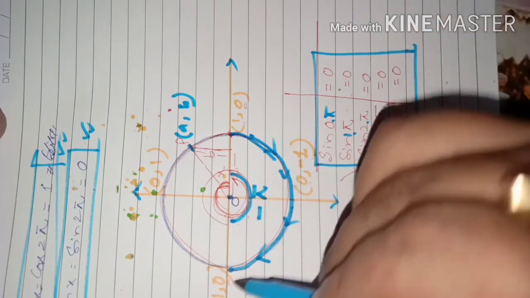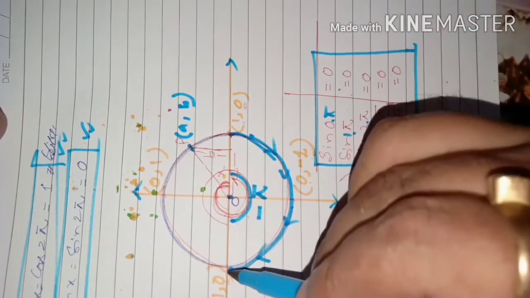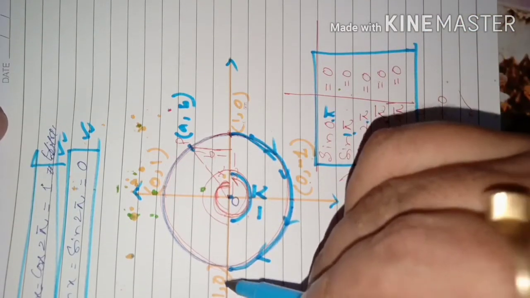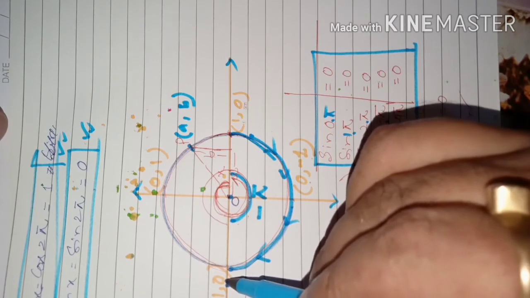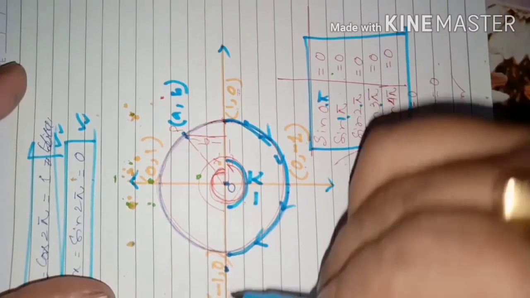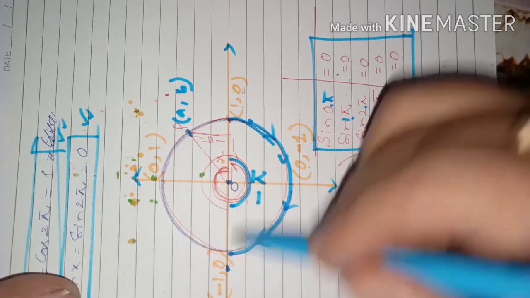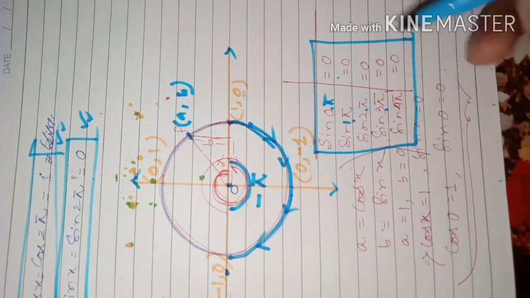For cos minus pi and sin minus pi, what is the value? Sin means the ordinate, the second value of this pair. So for sin minus pi it is 0 only.